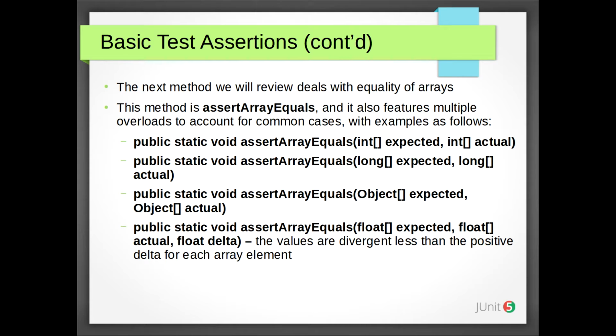Public static void assertArrayEquals(Object[] expected, Object[] actual). Public static void assertArrayEquals(float[] expected, float[] actual, float delta).